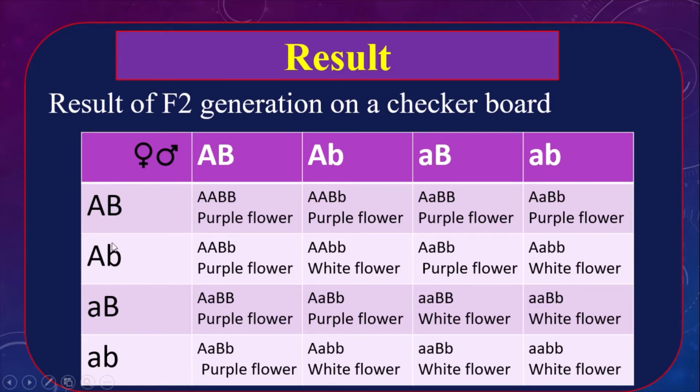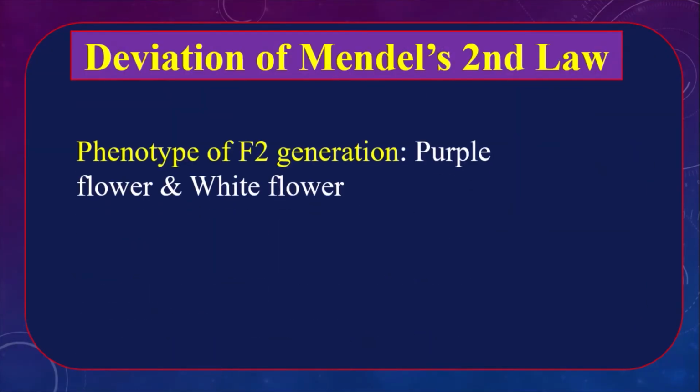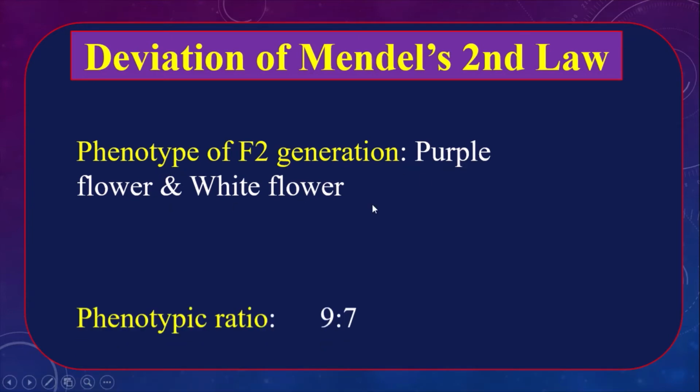Then these gametes may mix freely with one another. Here we will get two phenotypes, purple flower and white flower.